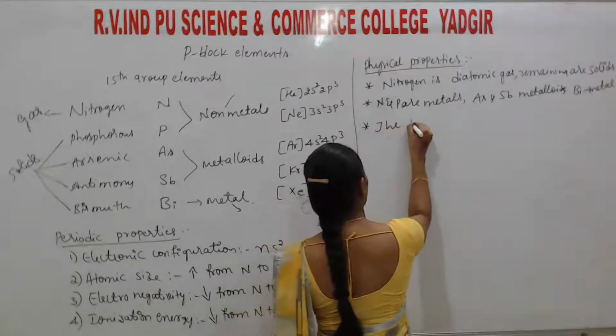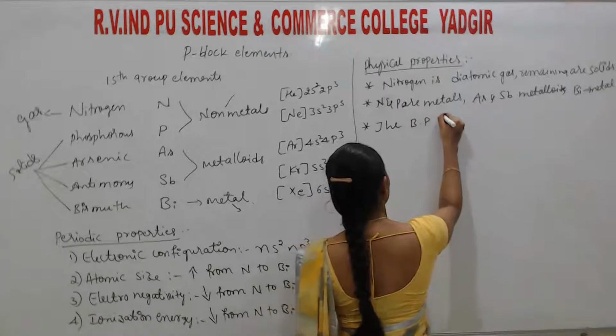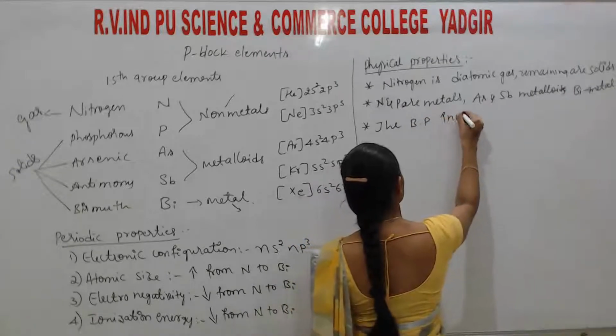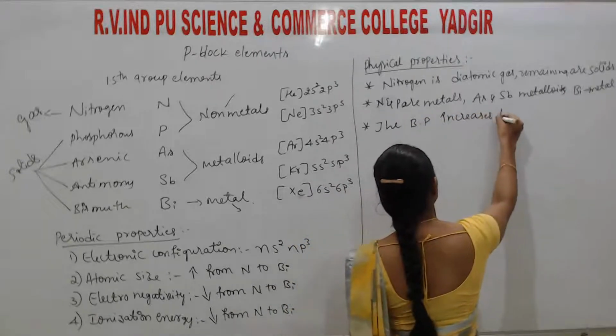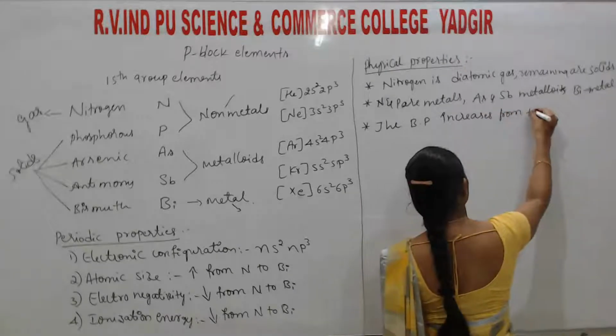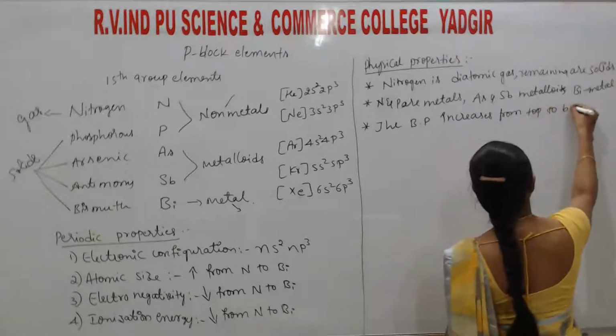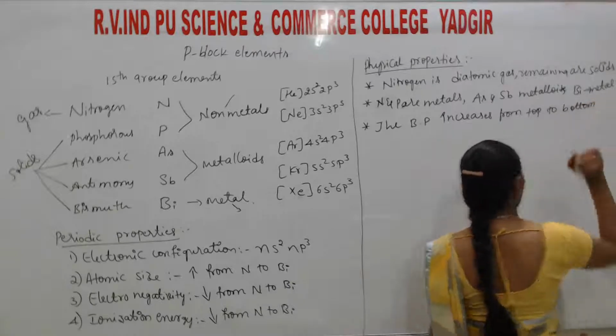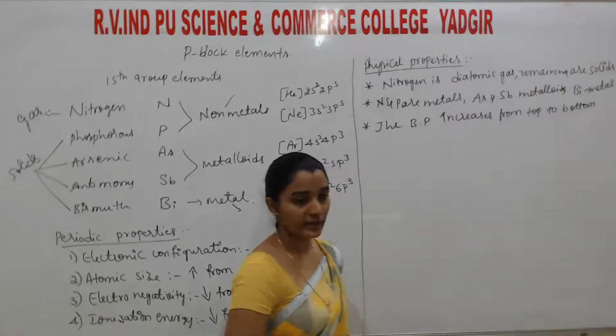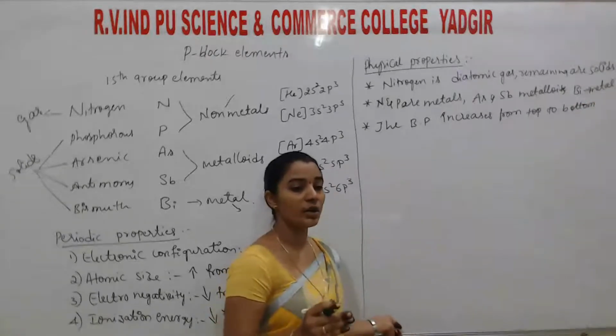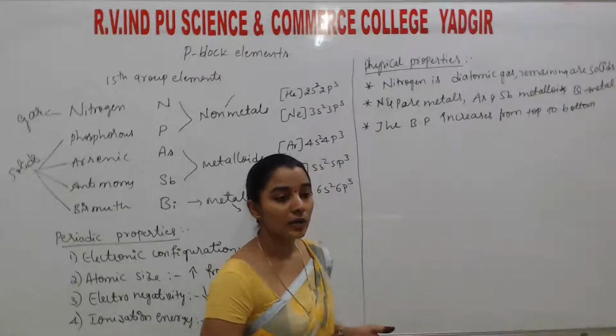Okay, next one is the boiling point. The boiling point increases from top to bottom. Along the group, the boiling point increases because, you know, non-metals have low boiling point and metals have high boiling point.